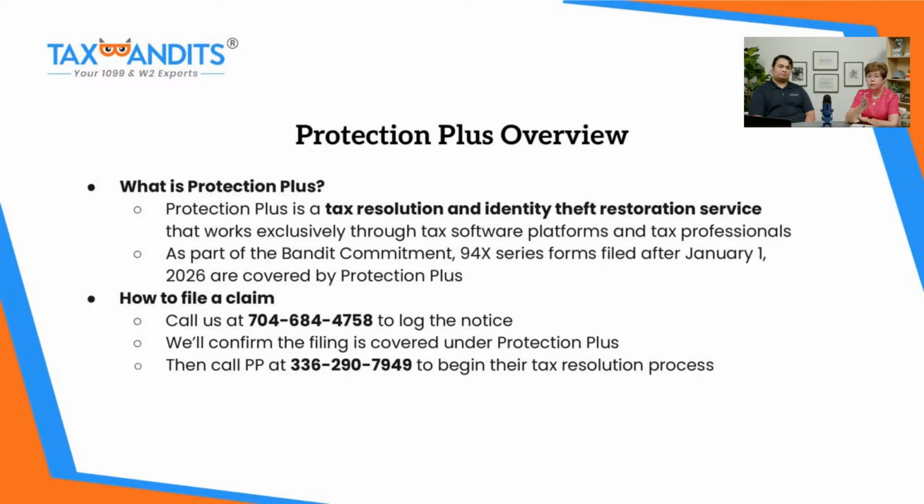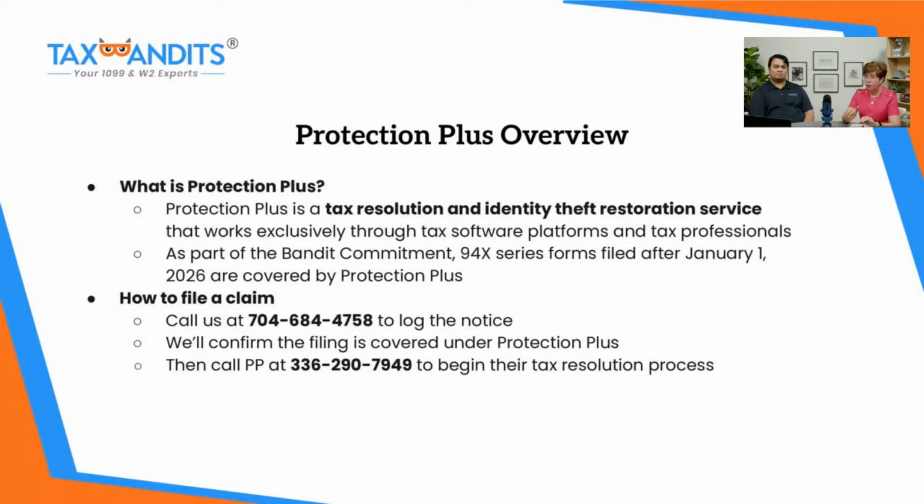Andrea? So Protection Plus is a separate entity. It's not part of Tax Bandits. We are partnering with them. So if you receive a letter, the first thing you're going to do is call us. The support number's 704-684-4758. And we're going to pull up your Tax Bandits account and log that notice.